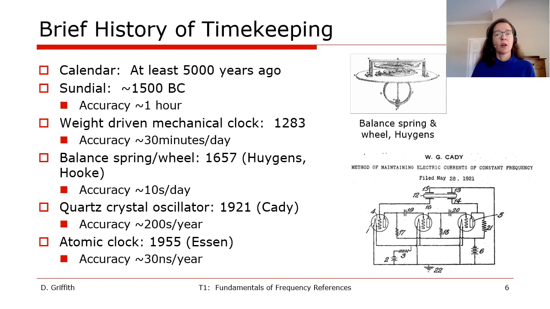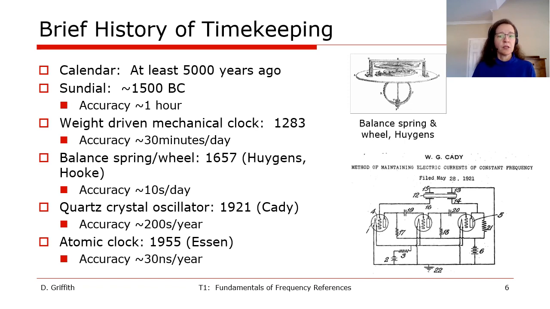So humans have long needed a way to keep track of time. The calendar was invented at least 5,000 years ago, giving a timekeeping accuracy of 1 day. The sundial was first used around 1500 BC, giving a timekeeping accuracy of better than 1 hour. In 1283, the weight-driven mechanical clock gave an accuracy of around 30 minutes per day. And by the late 1600s, the balance spring or balance wheel had been invented, which was accurate to around 10 seconds per day.